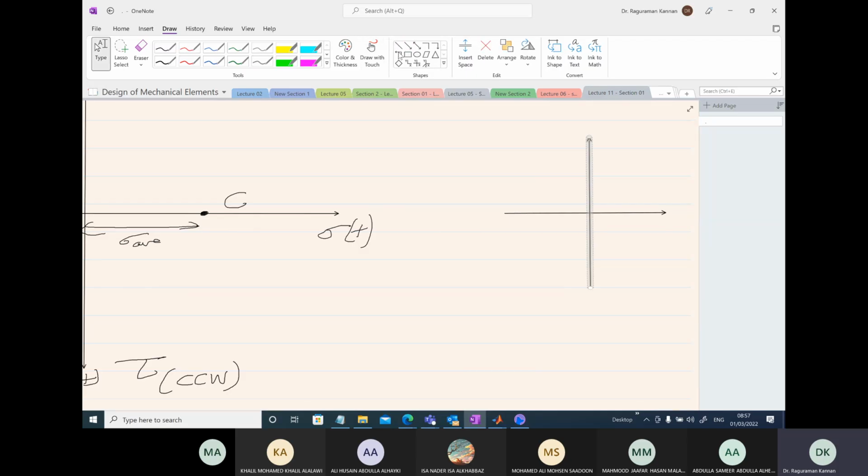A typical stress element can be drawn as a square around a certain point, and then we can represent sigma xx, sigma yy, etc. So here we have the sigma xx, the sigma yy terms, and the tau xy terms.